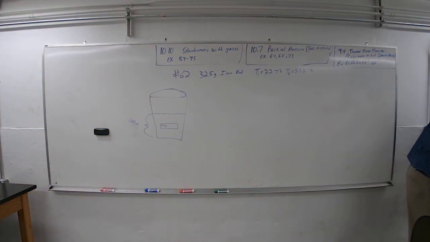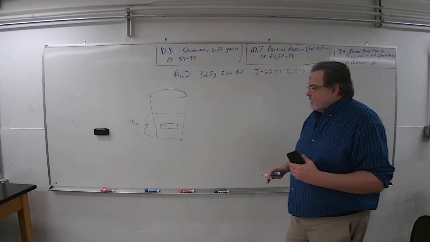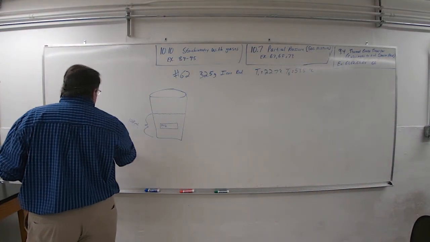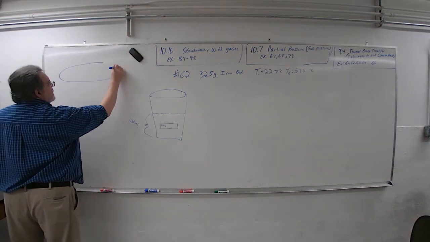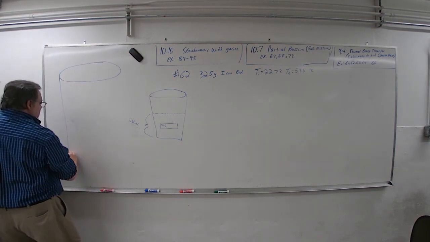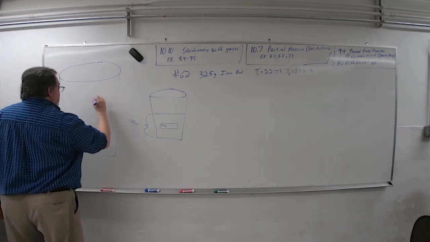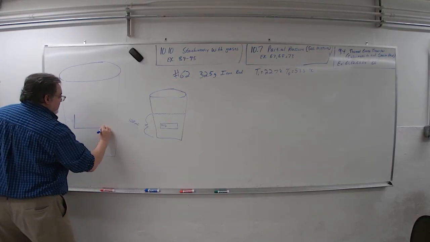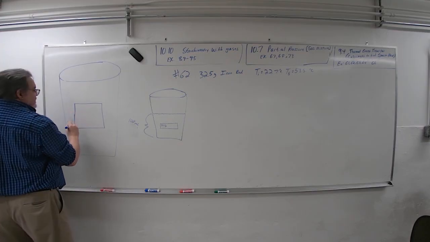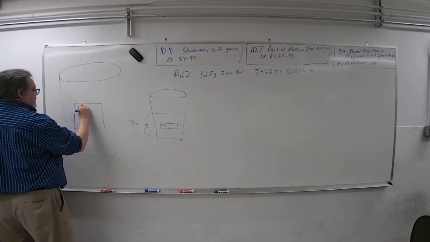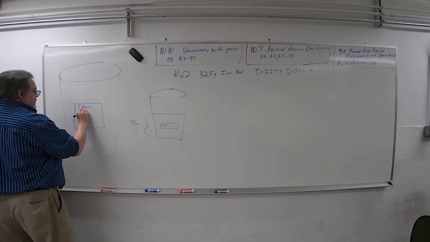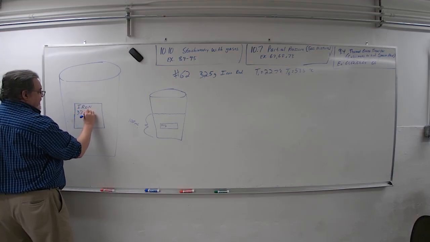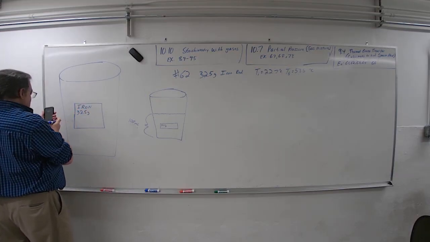Again, this is what we're doing in the lab. One more shot at a diagram. Okay, so let's, chunk of iron. There's 32.5 grams of it in there.